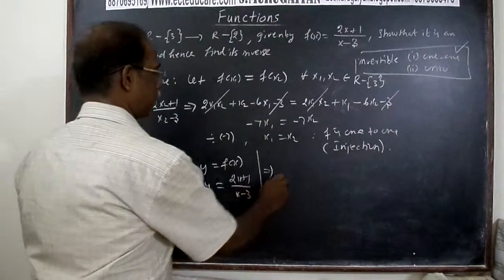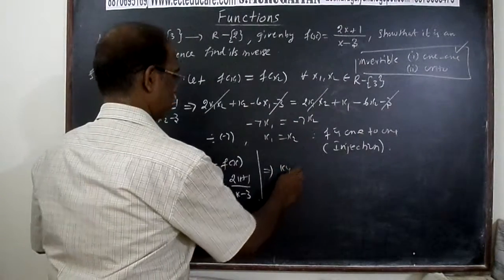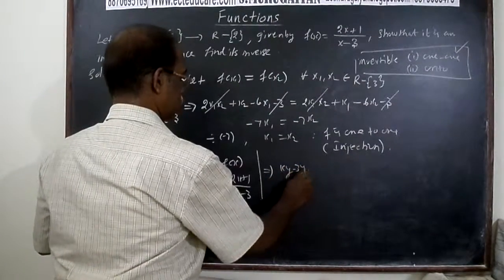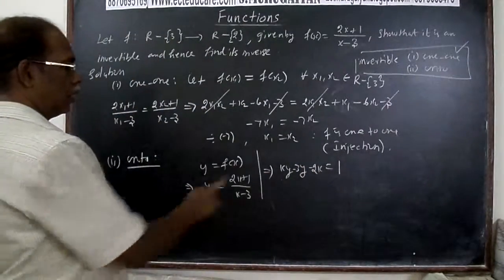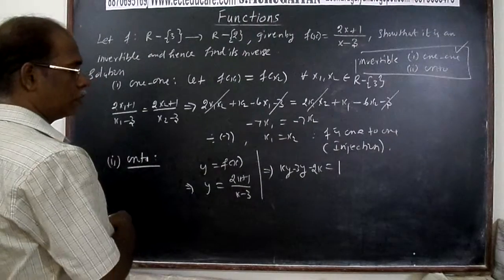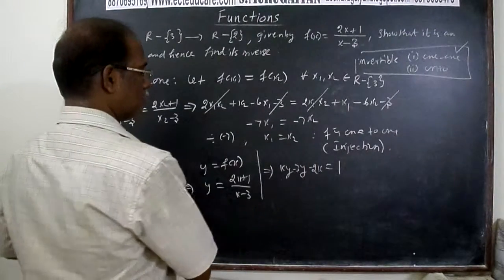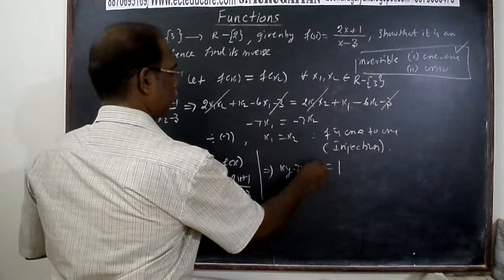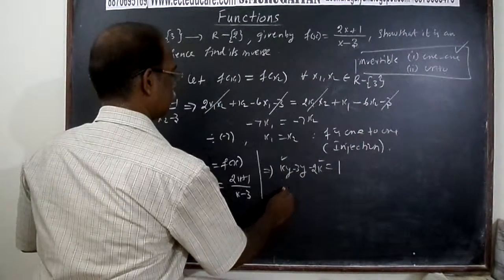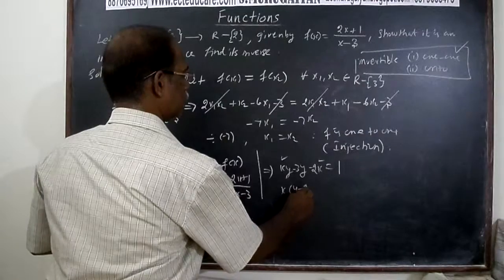Just cross multiply: xy minus 3y minus 2x is equal to 1. Leave the constant alone on the other side. What is the purpose? We need the terms containing x all on the left side. So take x term, x times (y - 2).